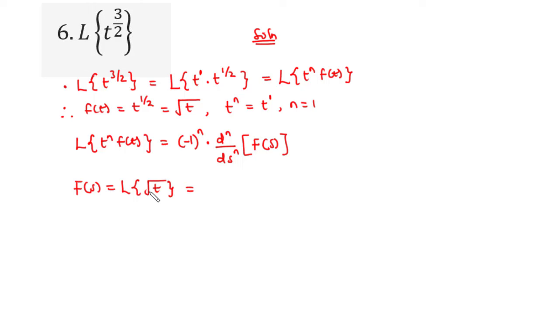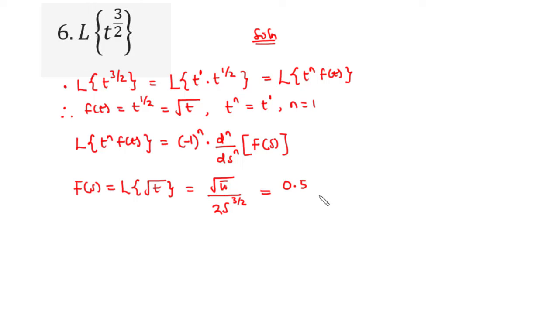Now the Laplace transform of the square root of t is given by square root of pi divided by 2 times s to the power 3 over 2. This is the Laplace transform of square root of t. Now we can further represent this as 0.5, you know 1 over 2 is 0.5.